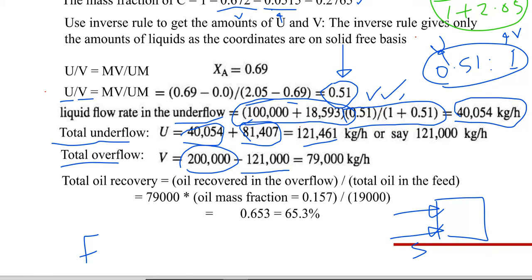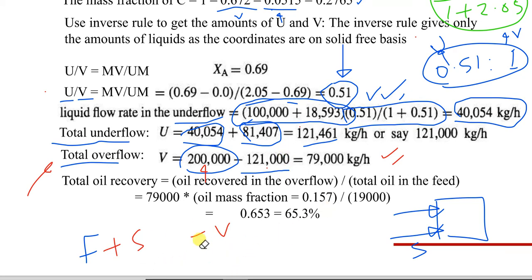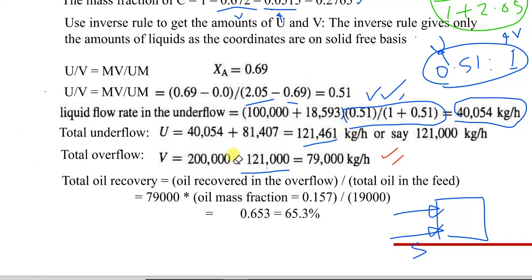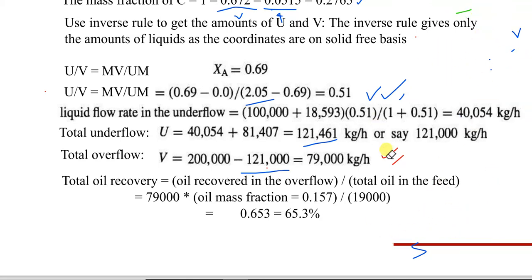F plus S equals U plus V. So the total overflow V will be F plus S minus U. F plus S becomes 200,000, and U is this. So we know the total overflow, total underflow, and mass fraction in each stream. Hope this is clear.